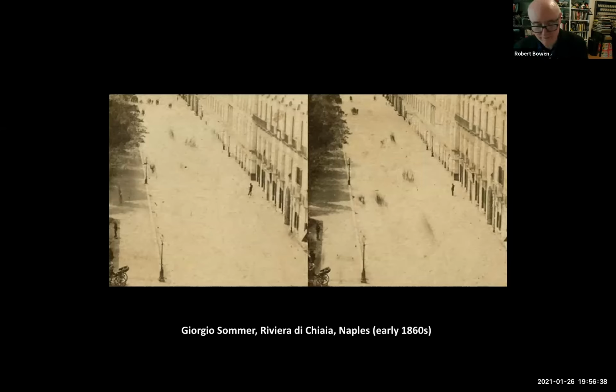Giorgio Sommer. He's another photographer working with all kinds of forms of photography, but one of which is stereo photography, and specifically stereoscopic motion. So here's a still life.